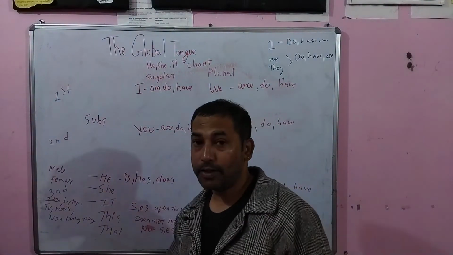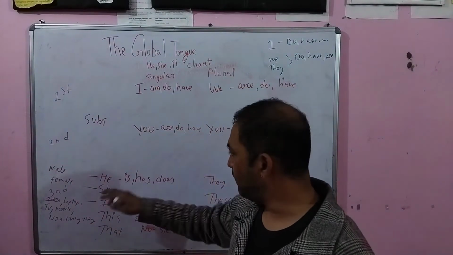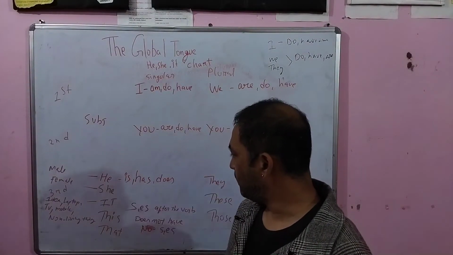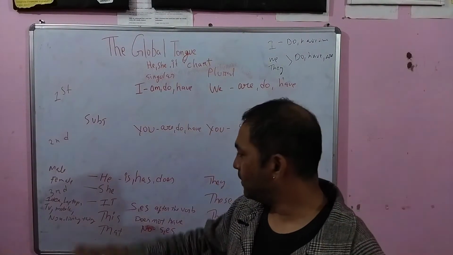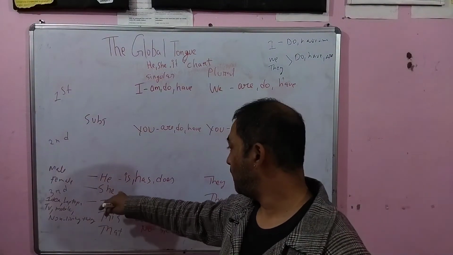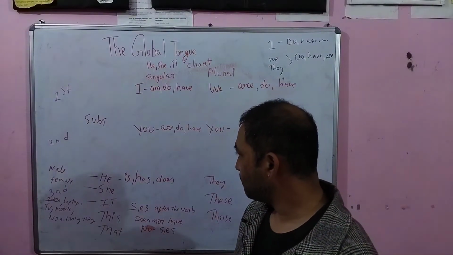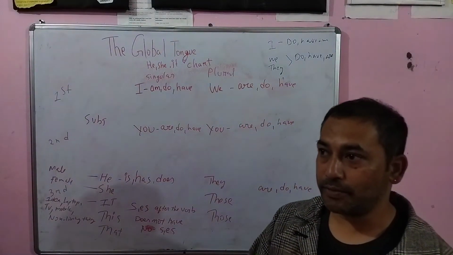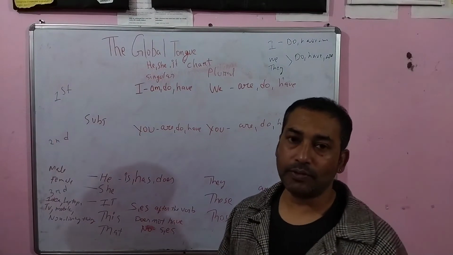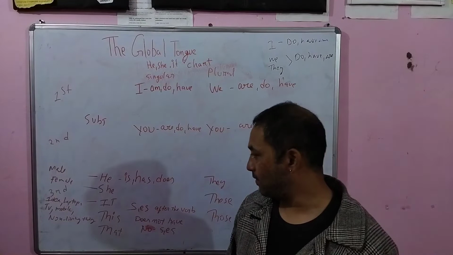So whenever we talk about any single third person, any single he, we have to use he is. Whenever we talk about any single she, we have to use he has, she has, or she does, right? So like I do it, you do it, we do it, and she does it, it does it, all right?